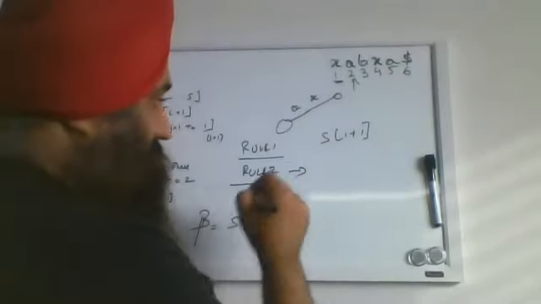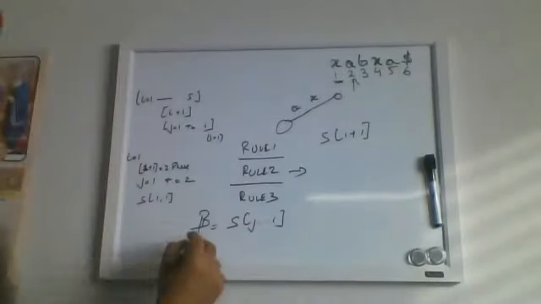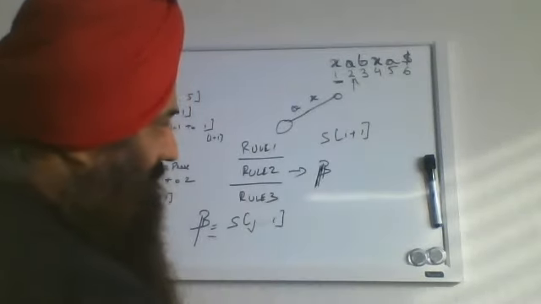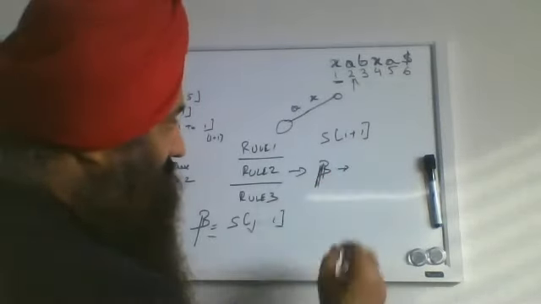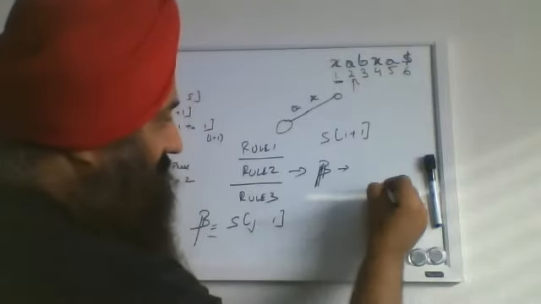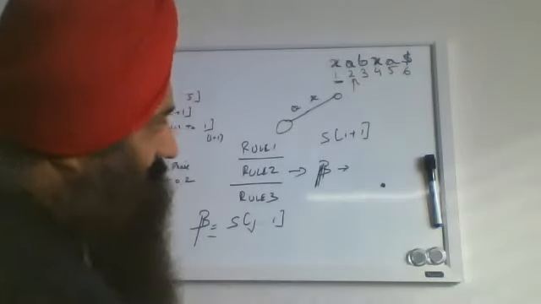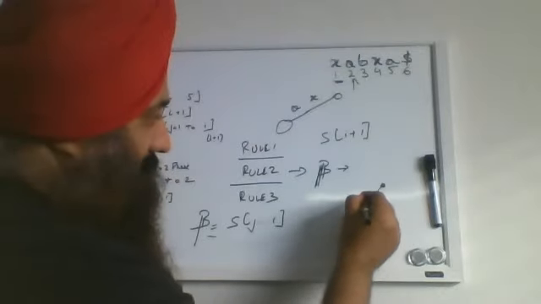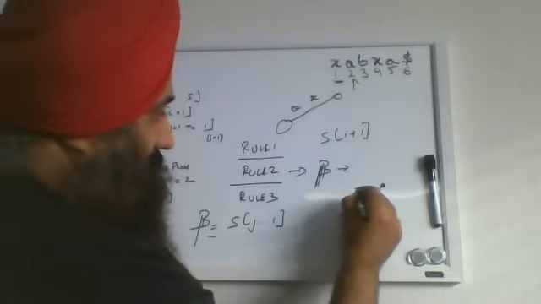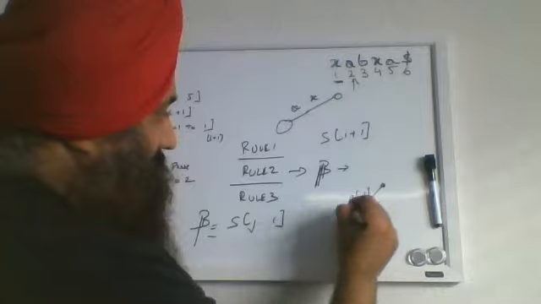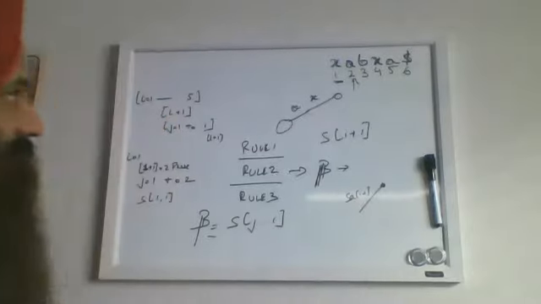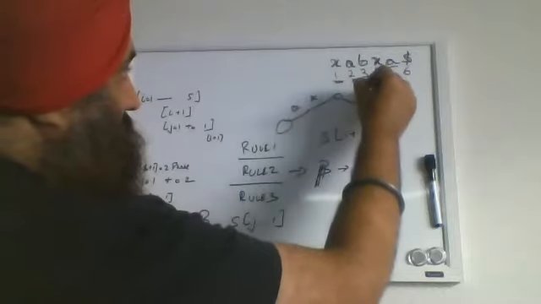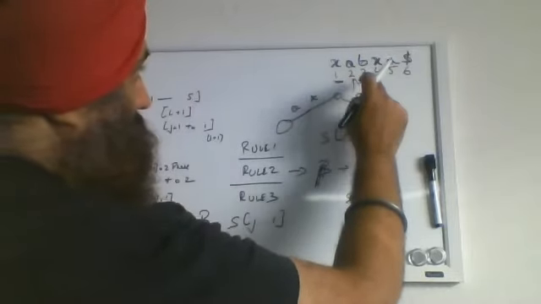Rule 2 says if beta exists in the tree, but it's not ending at a leaf node, rather it's ending at an edge, then in that case, you create a new node and you add that single character i plus 1.